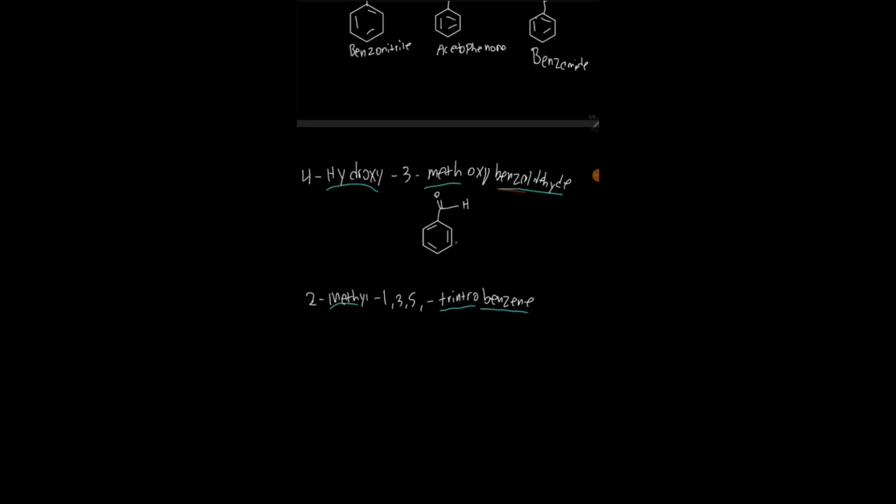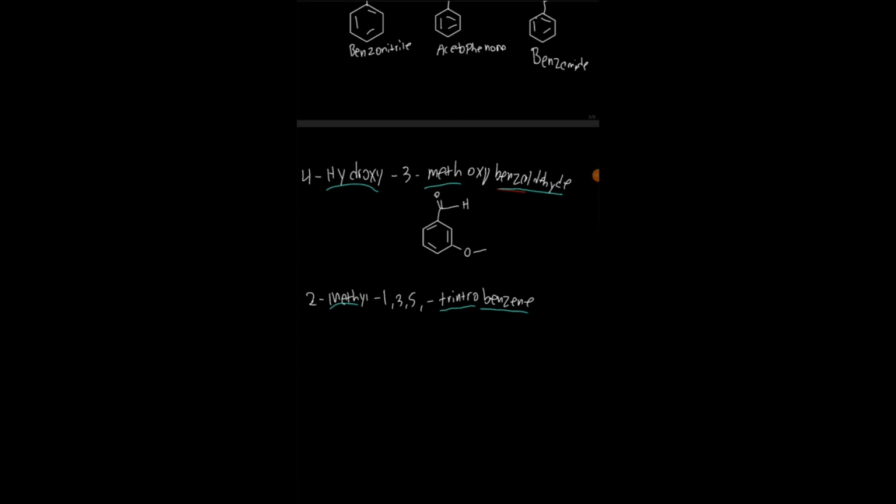When you see oxy, you know there's oxygen in it. So we're going to have an O at the third position, and we know there's a methyl coming off that oxy. So that is our methoxy group. We have our 3-methoxy benzaldehyde all accounted for.